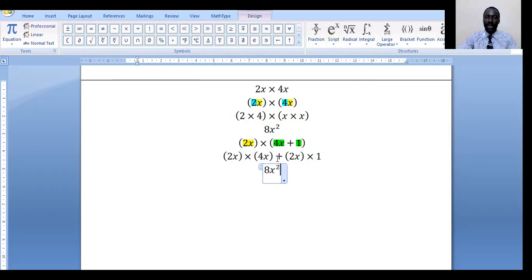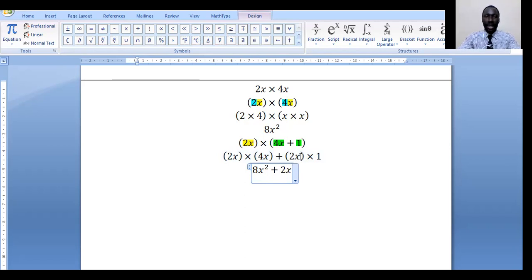Then this plus will come in. We will be having 2x times 1. So you would like to think of anything times 1. It's like anything appearing once. It's exactly that thing. And so we will write it as 2x.